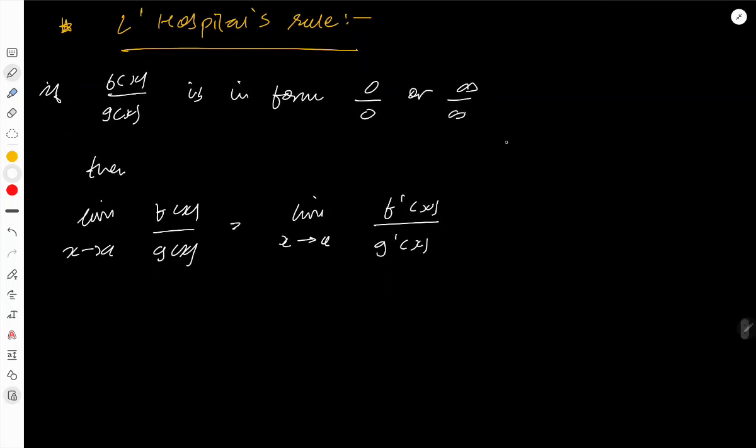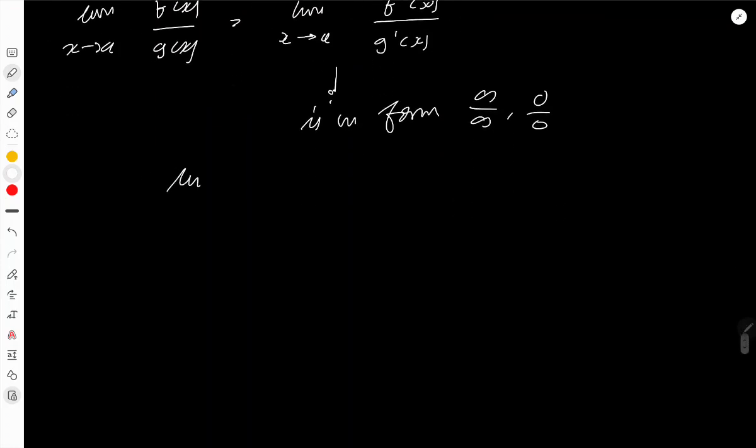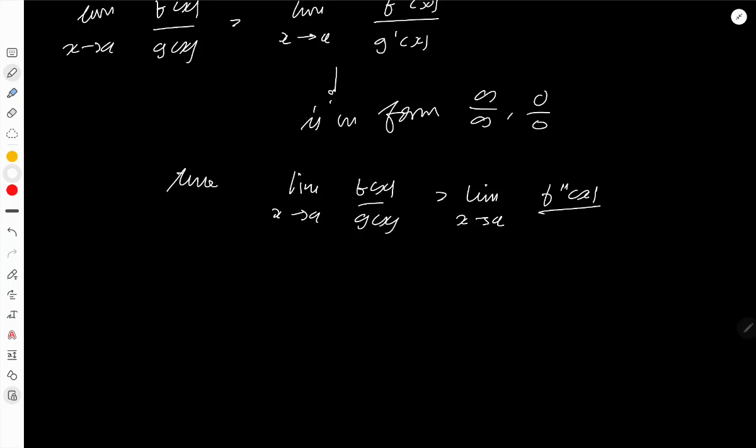And now if this is again in the form of infinity by infinity or 0 by 0, then we can write limit x tends to a of f of x upon g of x is equal to limit x tends to a of f double dash of x upon g double dash of x.